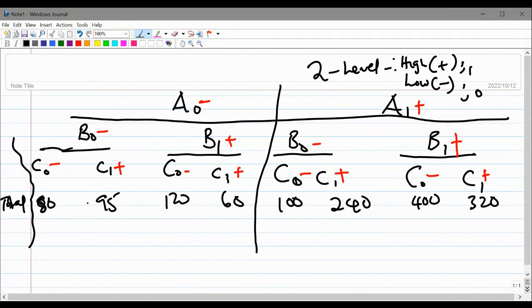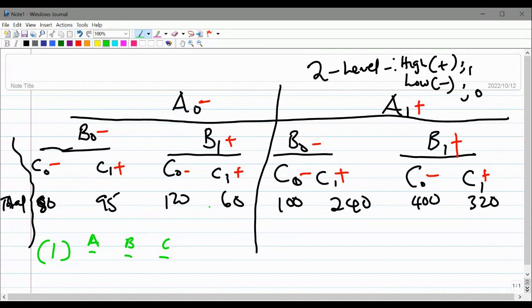But how do we now find these symbols? How do you find neutral? Let me show you. Neutral, you remember, we have 3 levels. You'll find it when A is at lower level, B is at lower level, and C is at lower level, isn't it, guys?